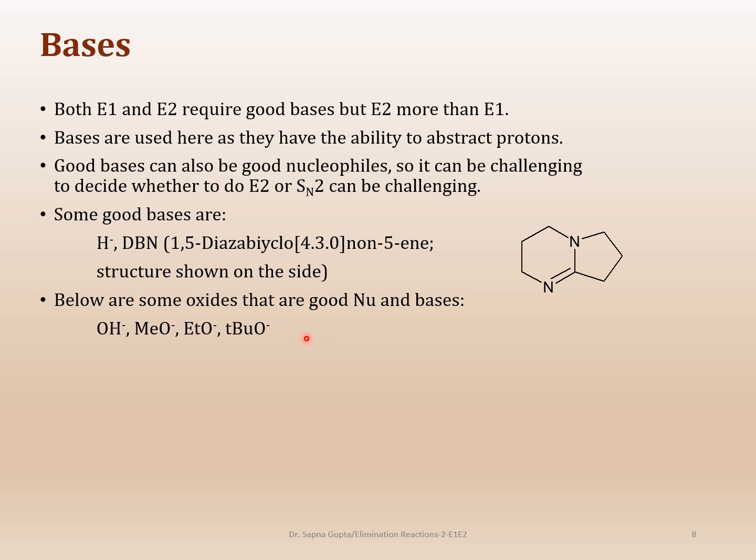That's definitely there, which is something we have to address. But this base, for example, the one I've given you here, which is called DBN for short, is a very normal kind of base. I know it doesn't look normal, but anyhow, it's a very common base that can be used just as a base. So no substitution in this case.